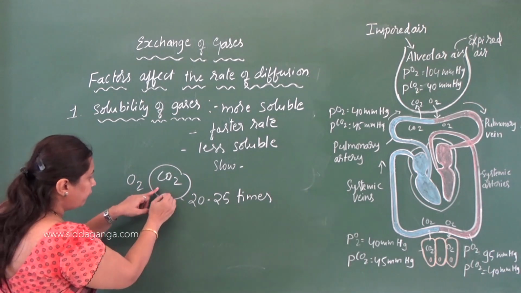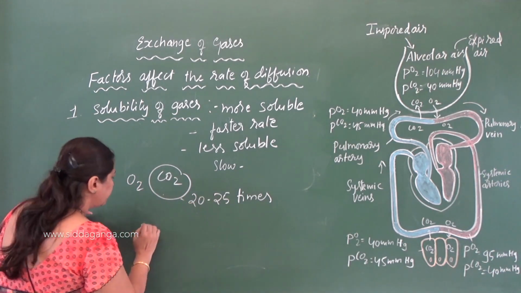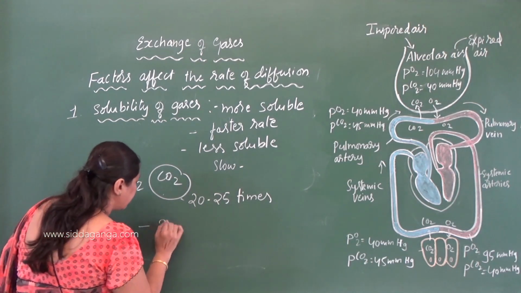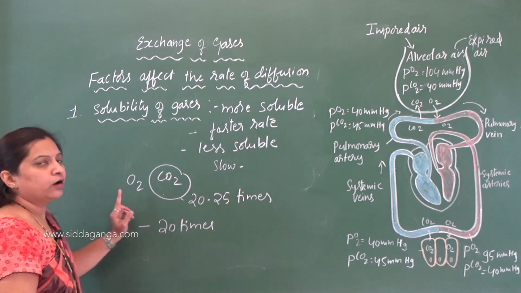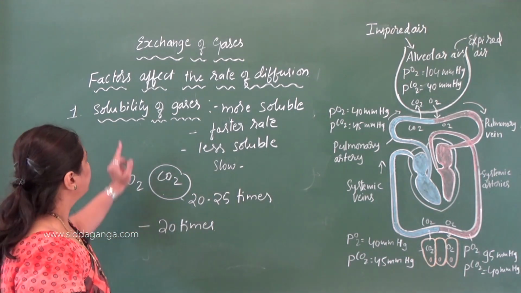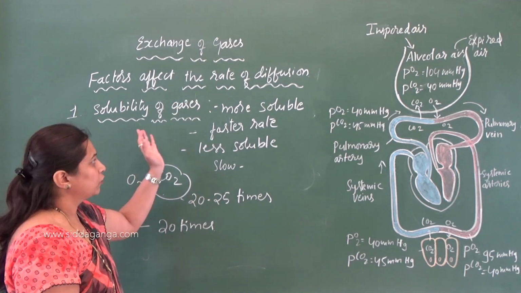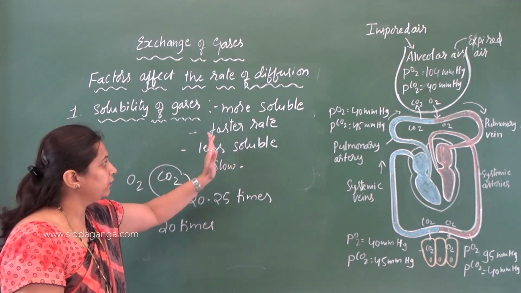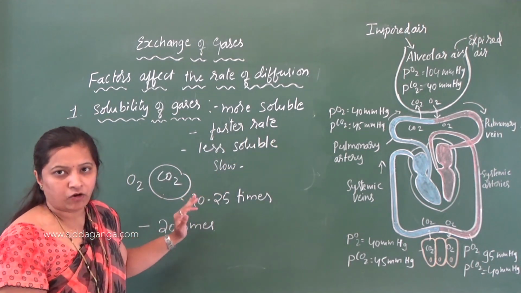Hence, it diffuses at a faster rate than oxygen. So the diffusion of carbon dioxide is nearly 20 times more than that of oxygen. So solubility affects the rate of diffusion: the gas which is more soluble will diffuse at a faster rate than the gas which is less soluble.